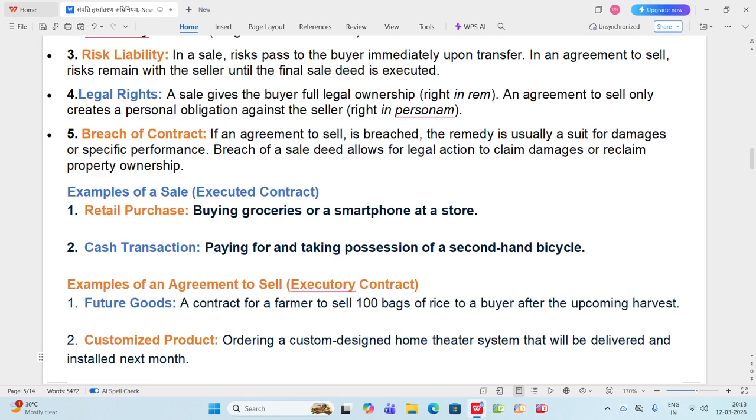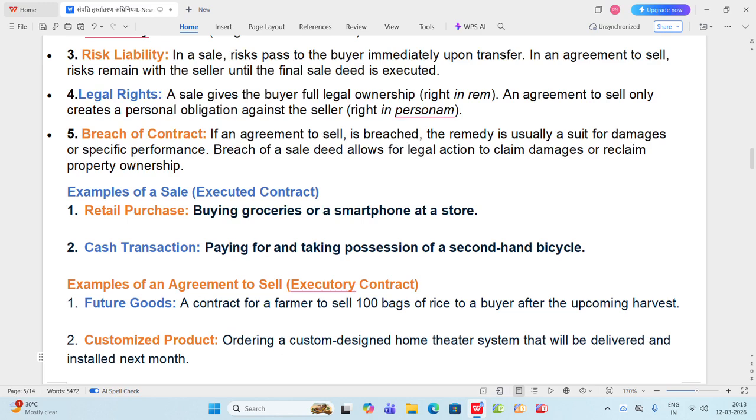Now coming to agreement to sell, which is an executory contract, in this case future goods. You must remember that these are concerned with the future. So future goods, a contract for a farmer to sell 100 bags of rice. Suppose a farmer wants to sell 100 bags of rice, but he is not going to supply now.